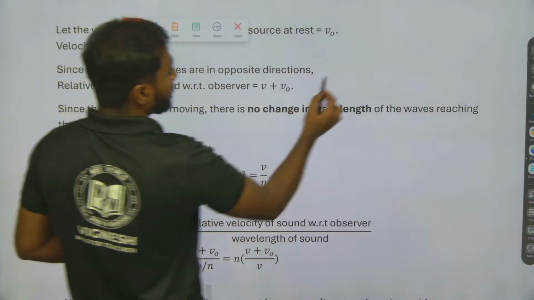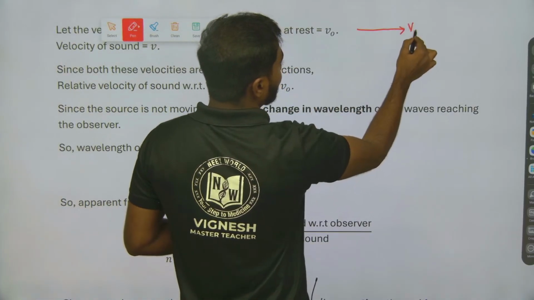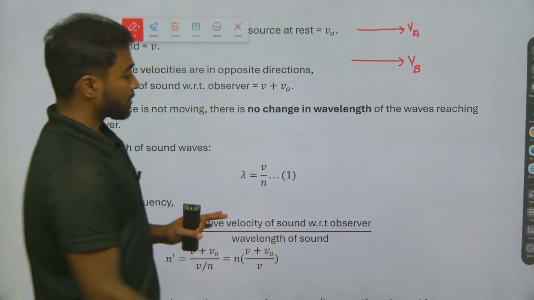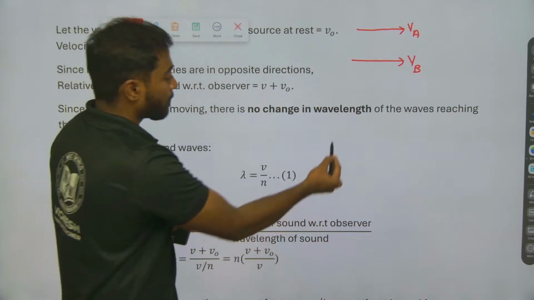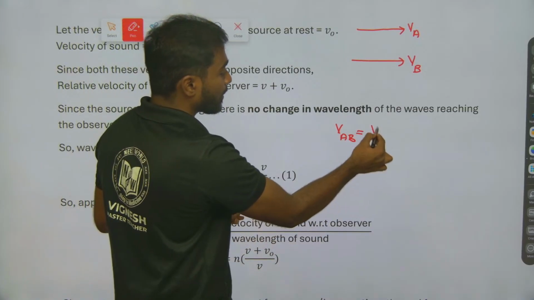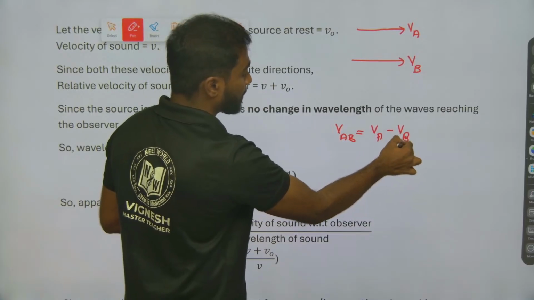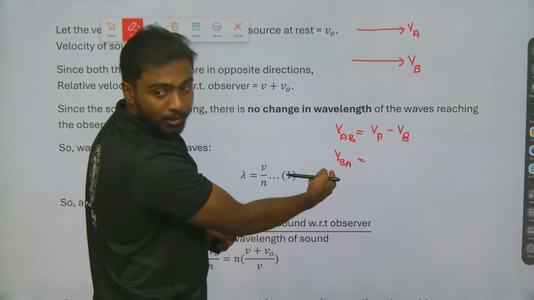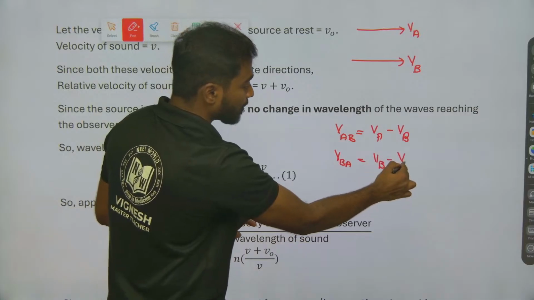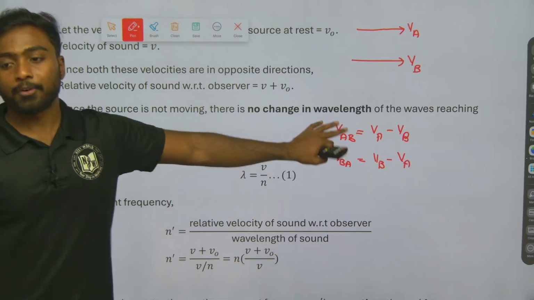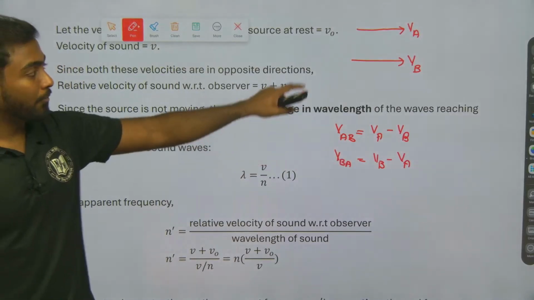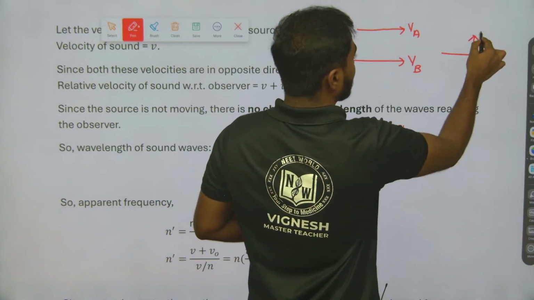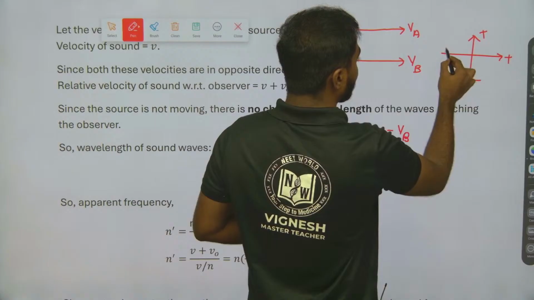When object A is going with velocity VA and object B is going with velocity VB, the velocity of A with respect to B is VA minus VB. The velocity of B with respect to A is VB minus VA. This is the formula, but whenever we talk about a velocity, I need to consider the direction also. So this is my positive, and this is negative.